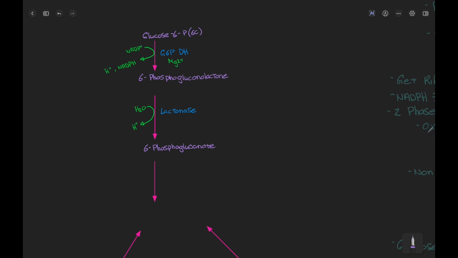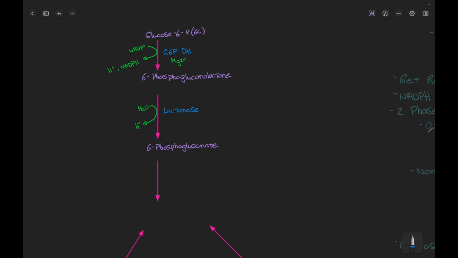We'll have another dehydrogenase, 6-phosphogluconate dehydrogenase, that catalyzes the oxidative decarboxylation of this 6-phosphogluconate. So we're also losing a CO2 in this step.